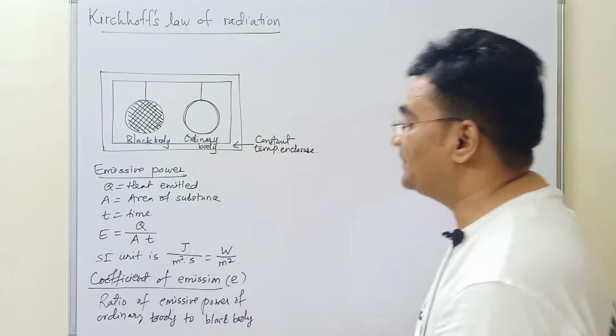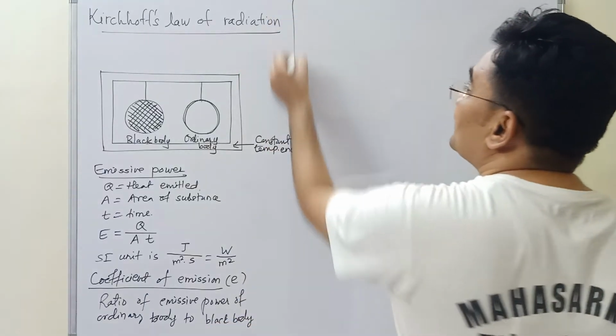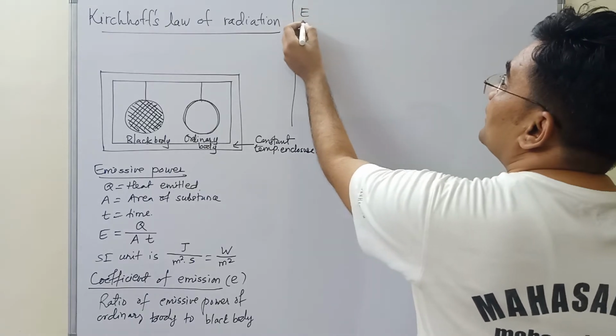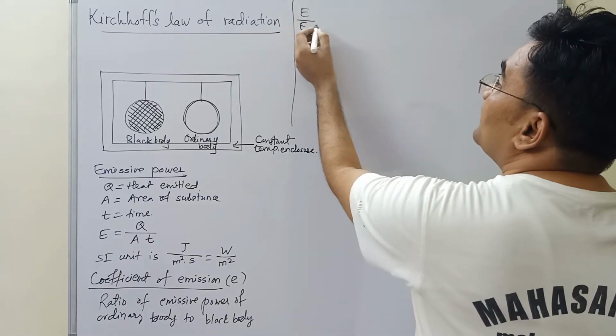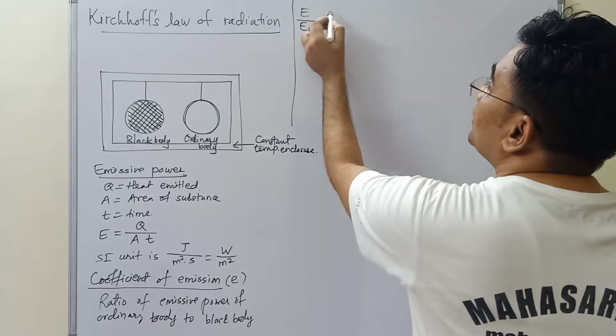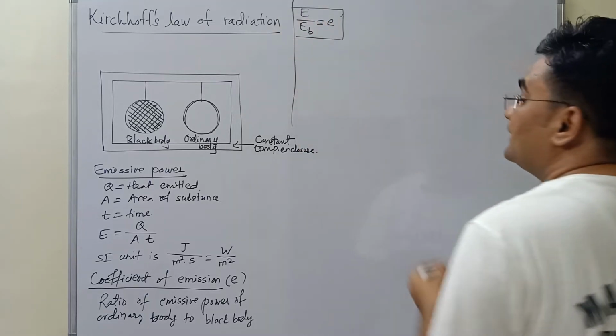So if capital E is the emissive power of an ordinary body, and EB is the emissive power of a black body, this ratio is called the coefficient of emission, denoted by the letter e.